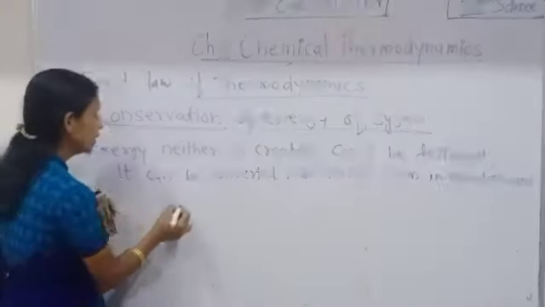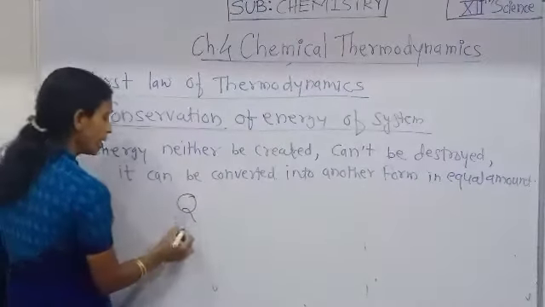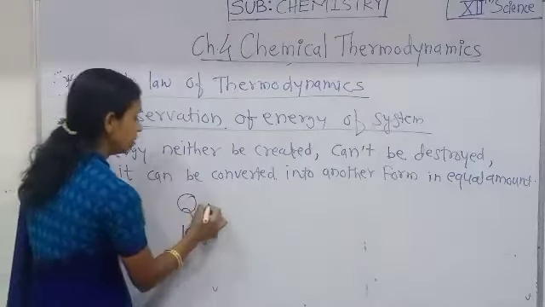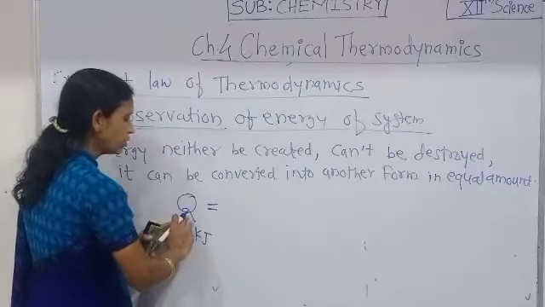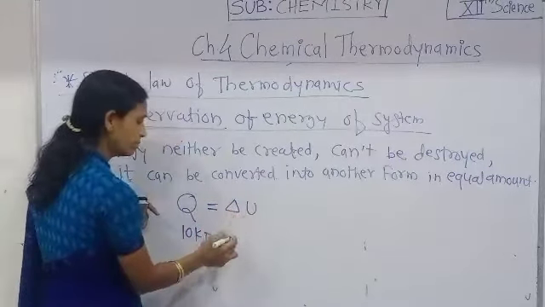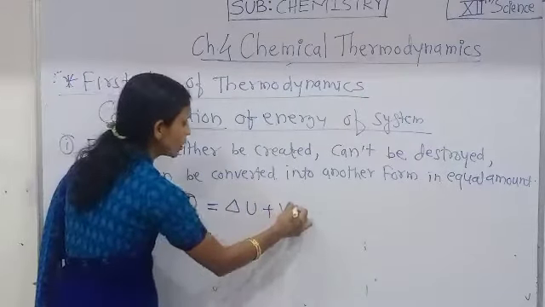That means if Q amount of heat is provided to the system, say 10 kilojoule, then some amount of that energy is used to change the internal energy of the system and the remaining energy is used for work done.